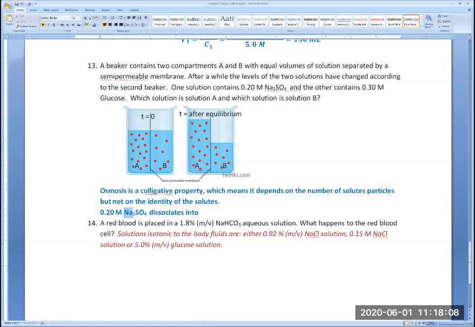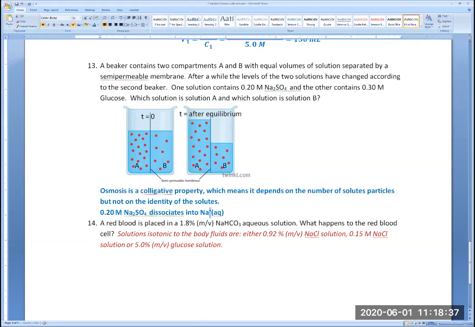So can you tell me the first ion that comes from Na2SO4? Na, what kind of ion does it make? Give me the symbol for sodium when it's an ion. Na, what is its charge? Yes. Let me write it like this to show that it's Na in solution.